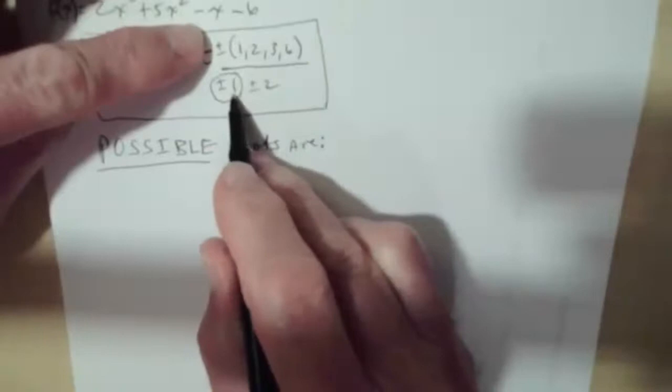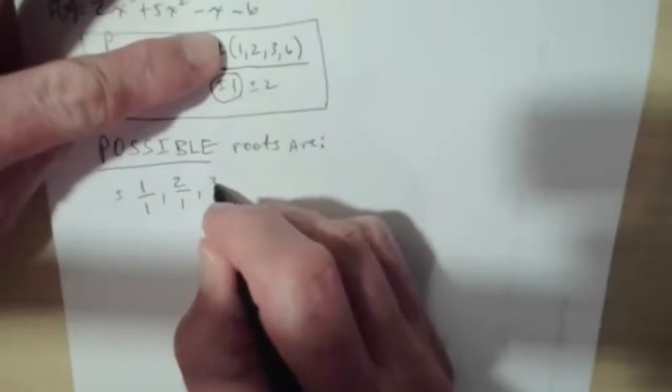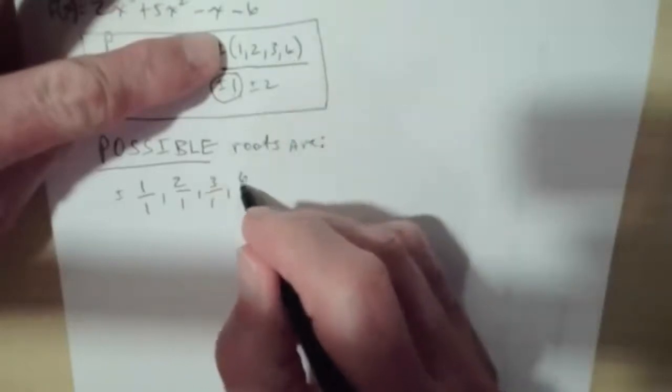So we're going to have 1 over 1, actually plus or minus. Then 2 over 1, we're going to distribute all of this stuff over 1. 2 over 1, 3 over 1, and 6 over 1.